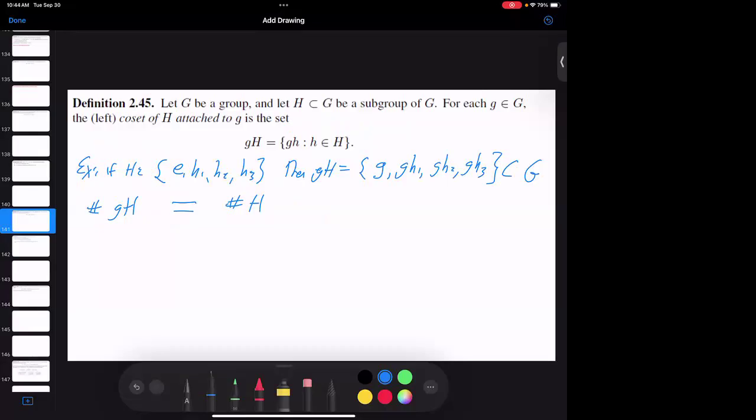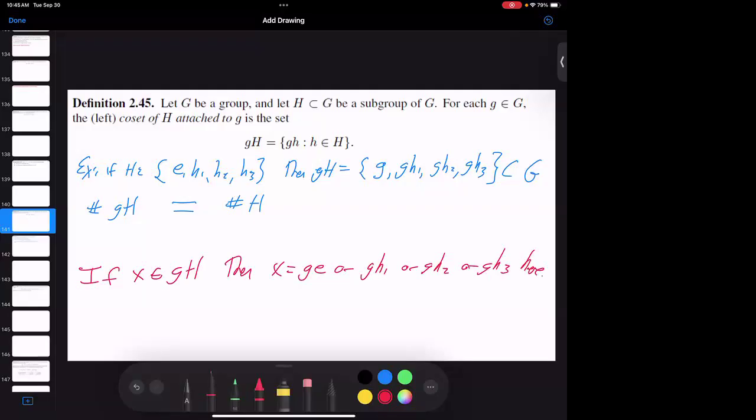Well, x has to be something in g times H, right? So something in g times H has to be of what form? If x is in gH, then x equals g times the identity, or g times h1, or g times h2, or g times h3. Right? That's what it would mean for x to be in g times H.